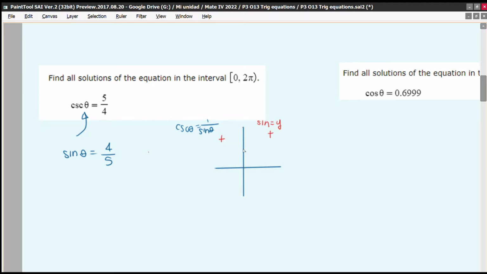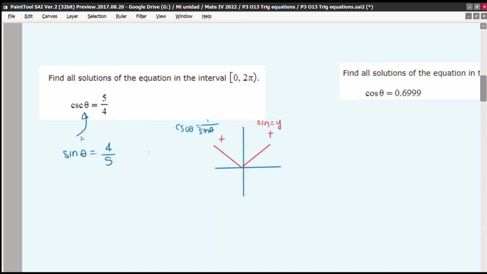So the two possible solutions that we're going to find are going to live here and here, okay? So there are our two possible solutions. Positive y, because this fraction is a positive number, so we have to check where sine gives me in return a positive value.